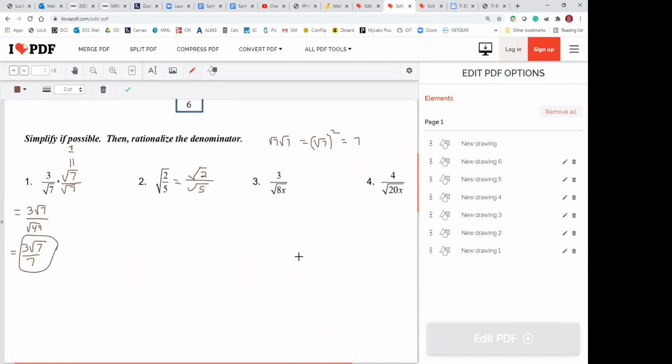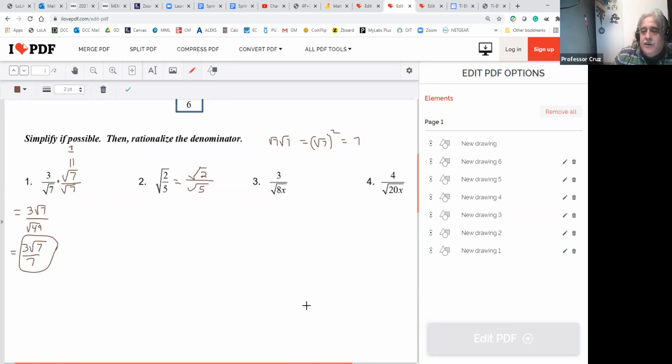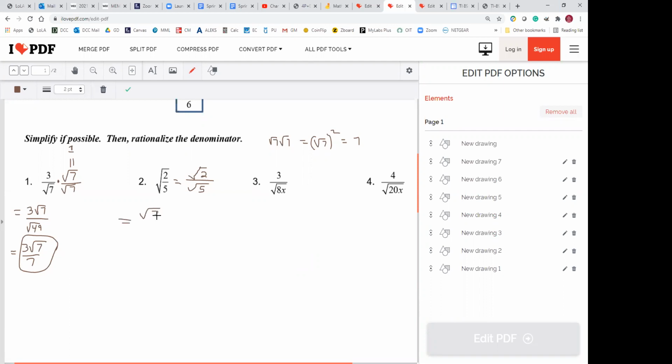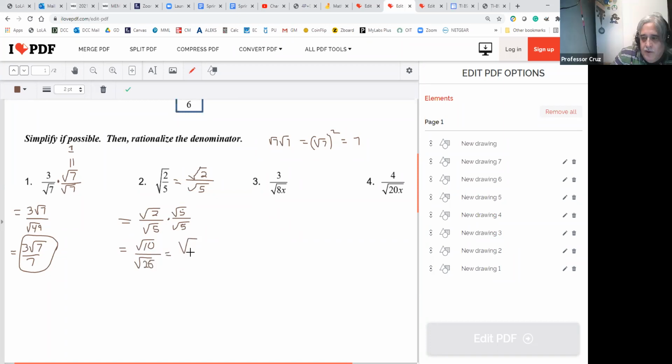Square root of 10 over 5. Square root of 10, yep, over 5.